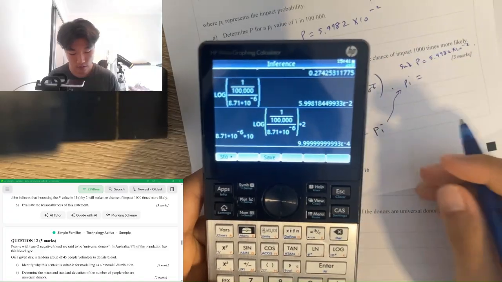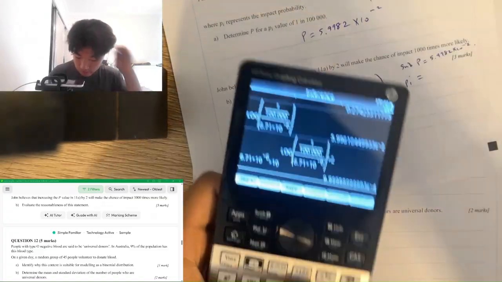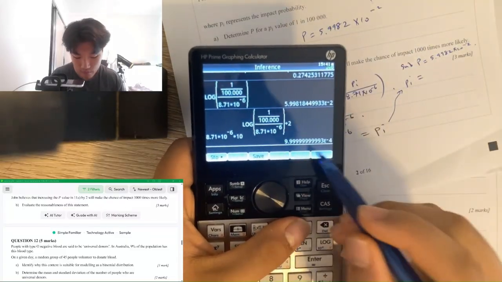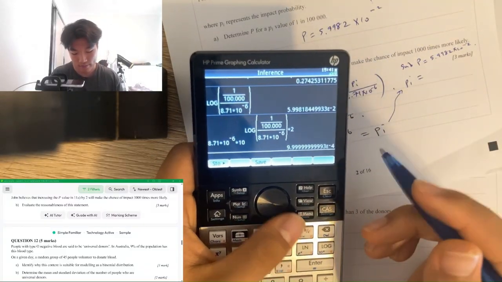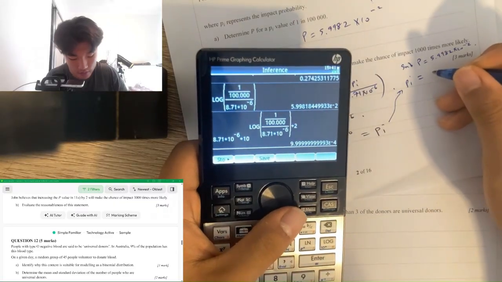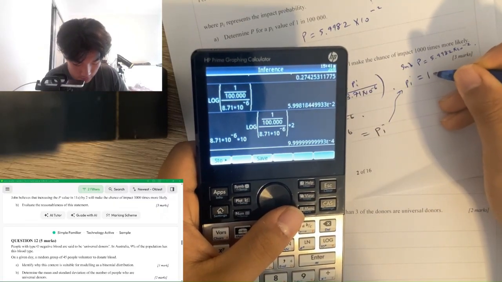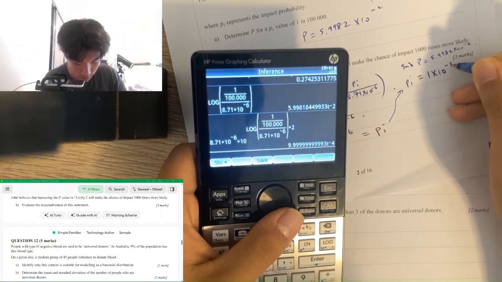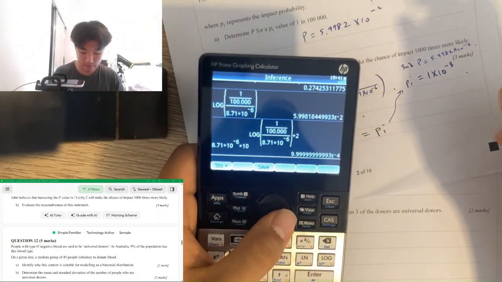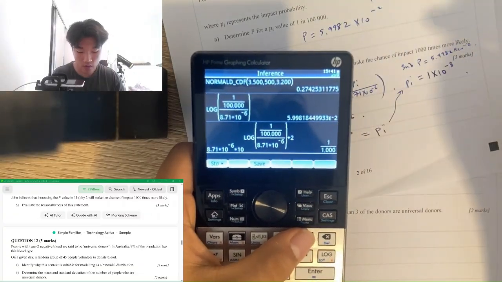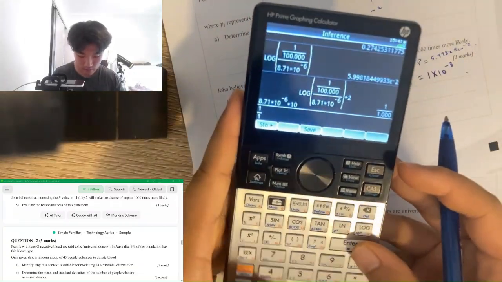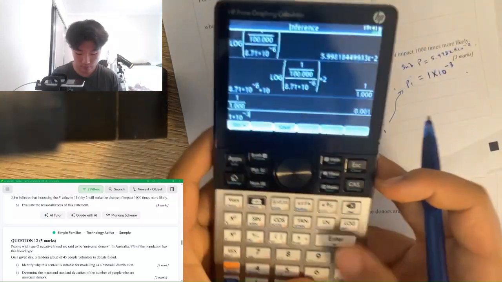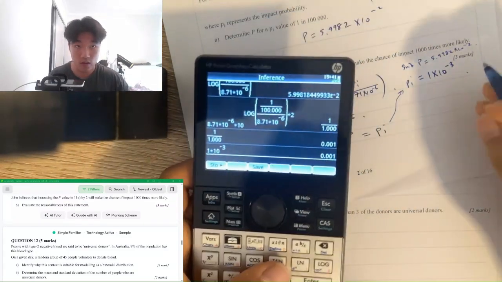Okay. So we get an answer of, I'm assuming that's from rounding error, 1 times 10 to the negative 3, I believe. Yeah, 1 over 1,000. Same thing, right? Okay.